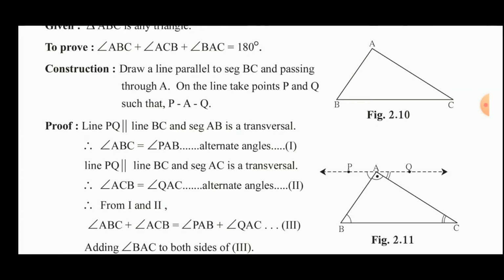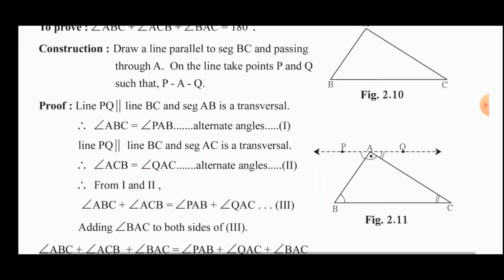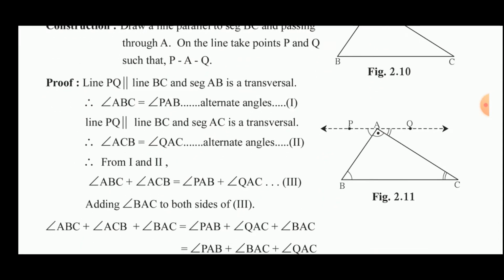Now from 1 and 2, we get angle ABC plus angle ACB is equal to angle PAB plus angle QAC. Adding angle BAC to both the sides, we get angle ABC plus ACB plus angle BAC is equal to PAB plus BAC plus QAC.